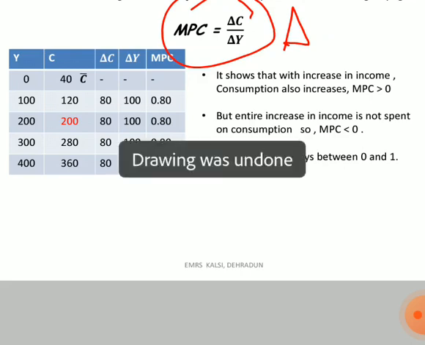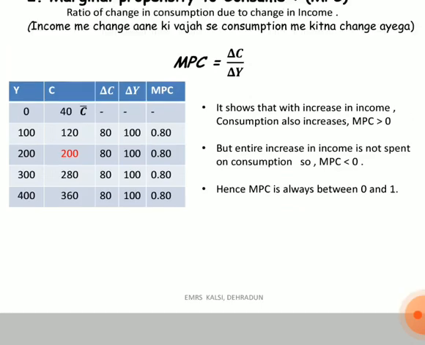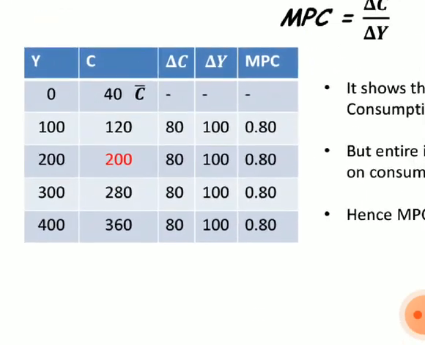So for calculating MPC, it is delta C upon delta Y, that is change in consumption upon change in income. The rest is the same; we just have to calculate delta C, the change in consumption, and delta Y, the change in income, before calculating MPC.